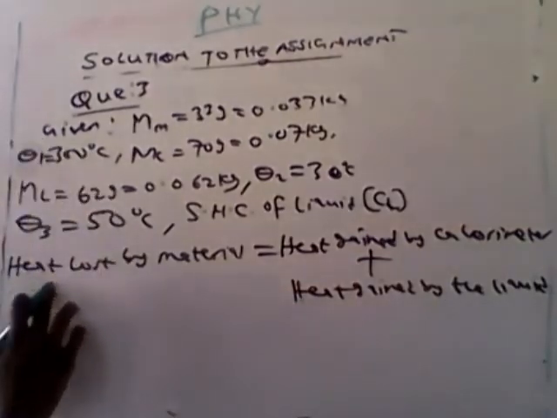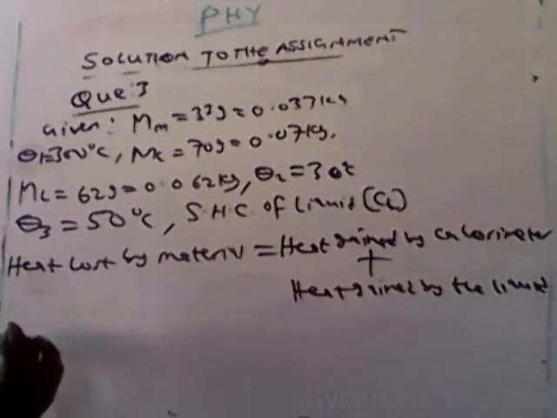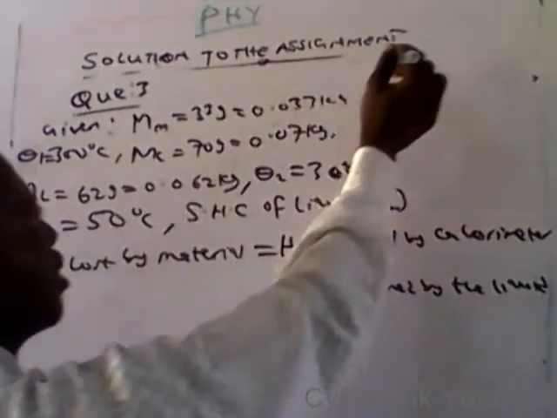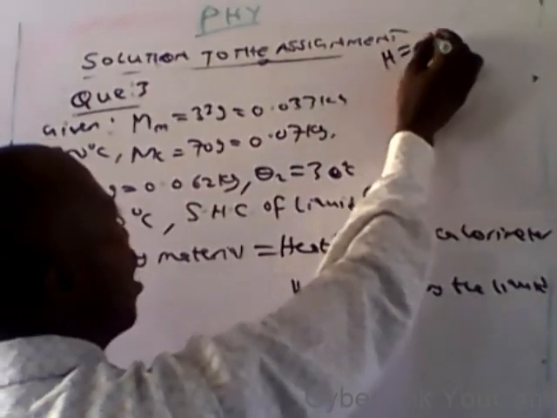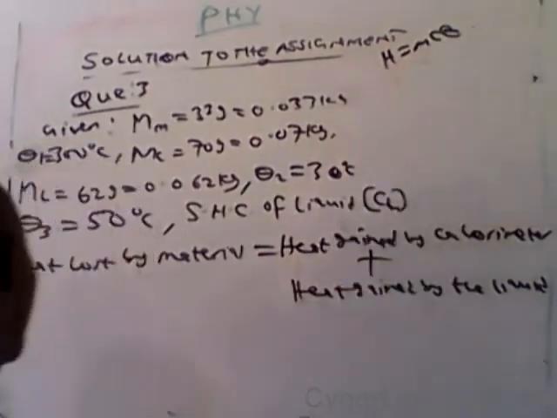Now, from the knowledge of specific capacity, we have that H equals mc theta, or change in theta.